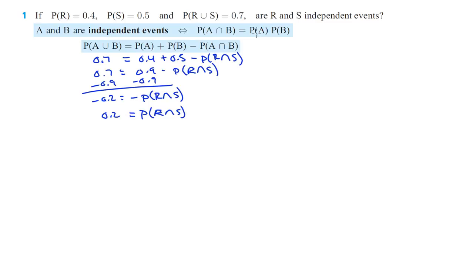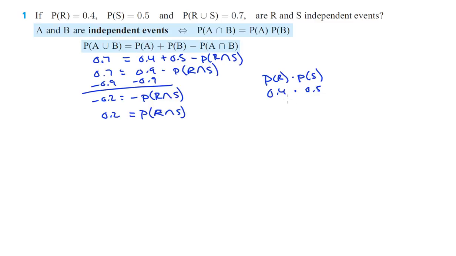So if that's the same as multiplying the probability of A times the probability of B, then we're in business. So let's figure that out. The probability of A times the probability of B. So A, or in this case R, so let's turn those into R's. Let's just go back. The probability of R times the probability of S. So the probability of R is 0.4. The probability of S is 0.5.